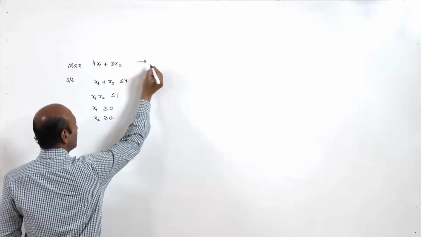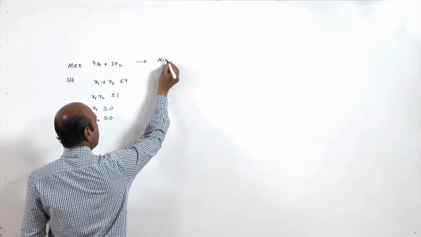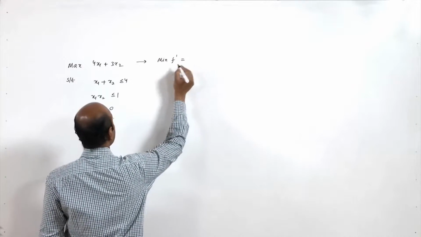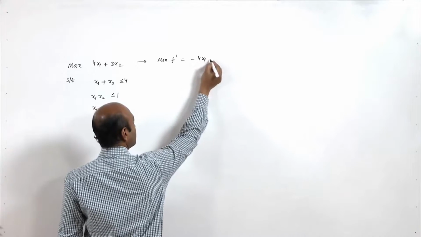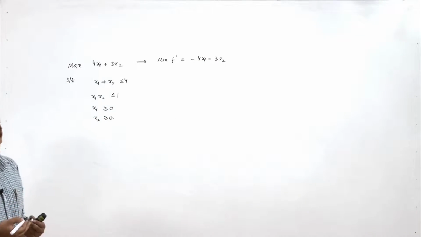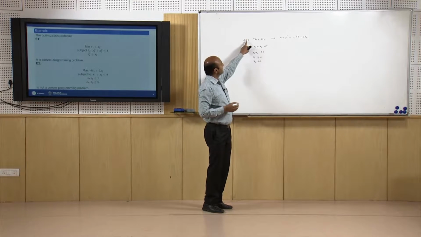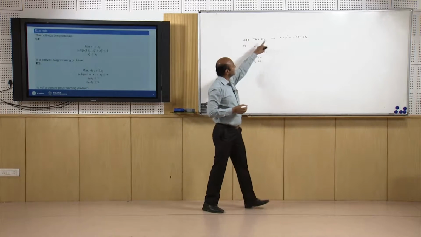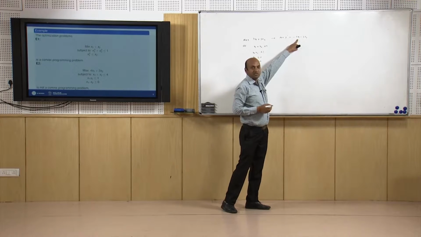Now, this objective function can be recast as minimum of some f dash, which is minus 4x1 minus 3x2. Maximizing can be written as minimizing the negative of this function.